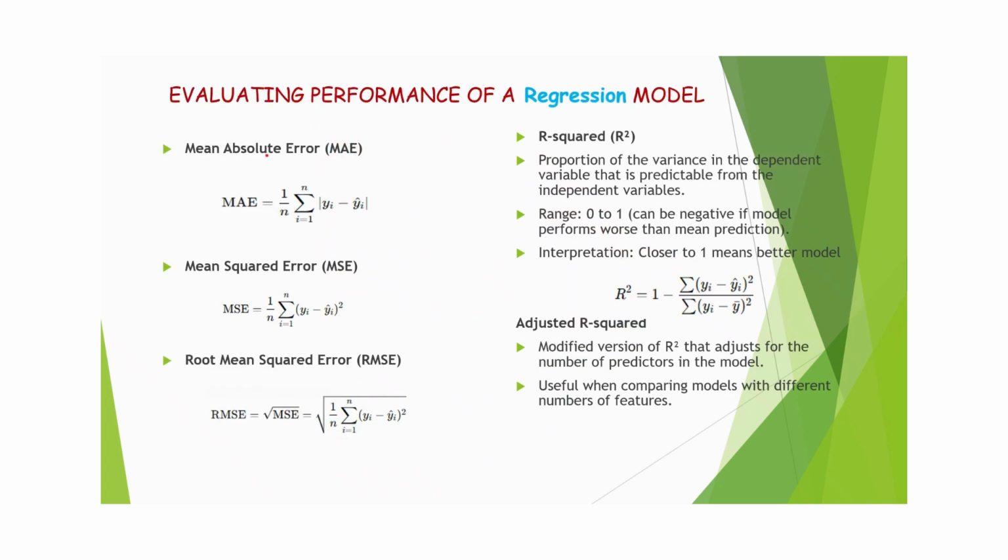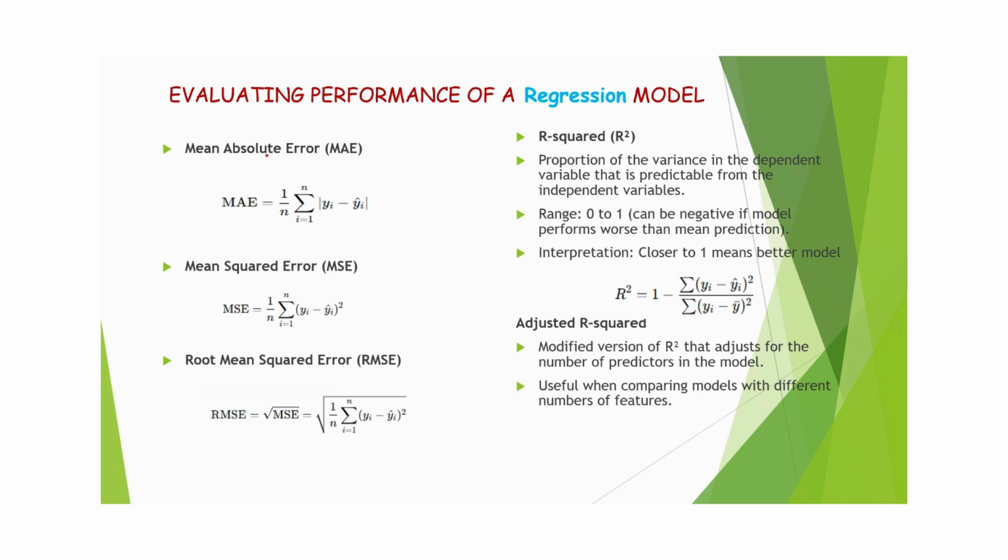Mean absolute error is the average of the absolute difference between the actual output and the predicted output, which is also called the error. Here yi is the actual value and yi hat is the predicted value. Similarly, mean squared error is the mean or average of the squared errors. Root mean squared error is just the square root of mean squared error.